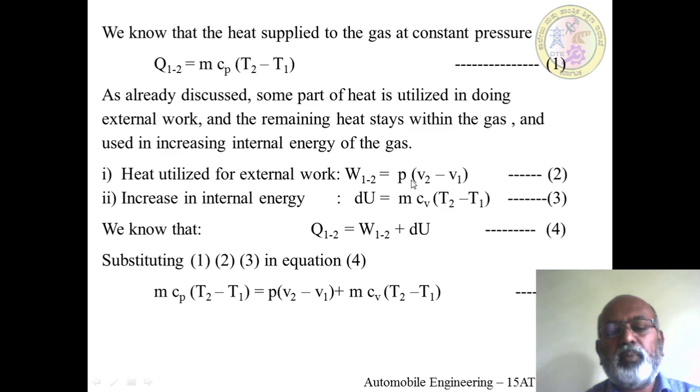W is P (V2 − V1) on the right hand side, plus dU. What is dU? dU is m Cv (T2 − T1). Here it is, that is equation number 5.